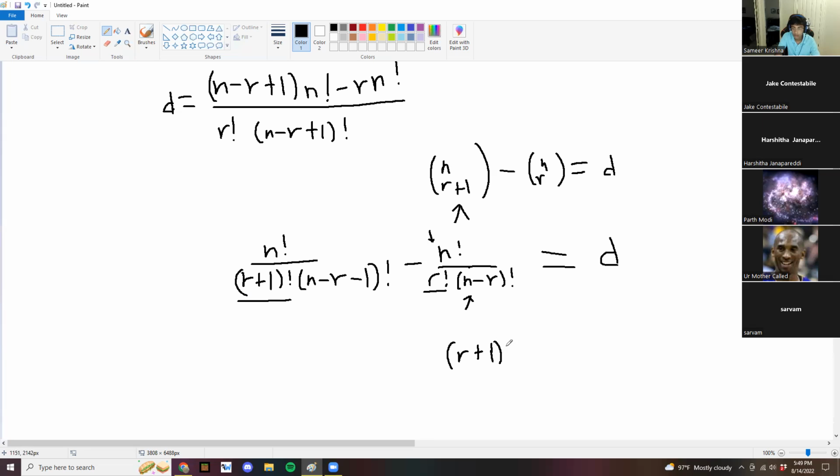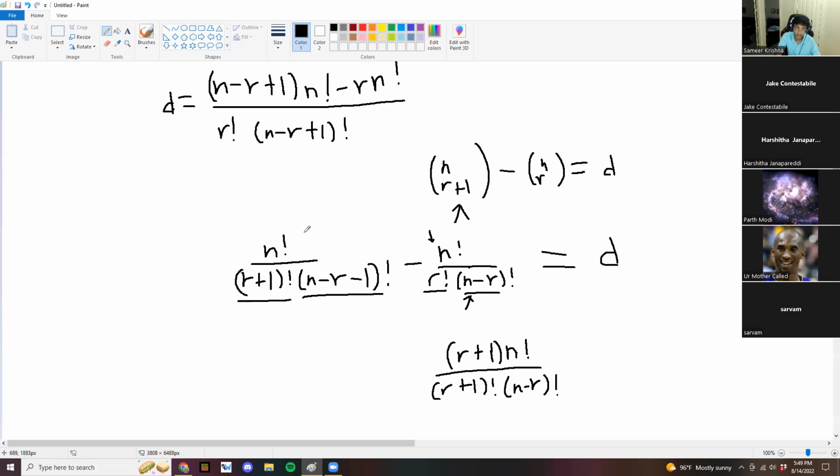So you get R plus 1 times n factorial over R plus 1 factorial, and then you get n minus R factorial. Now out of these two, which one is bigger? N minus R. Yeah.